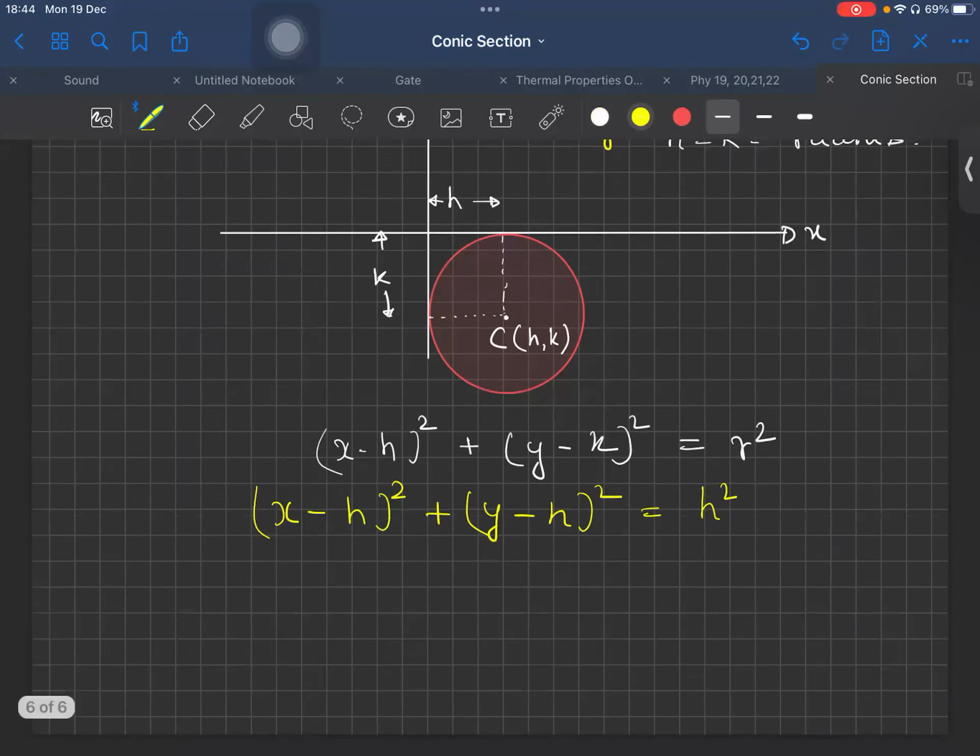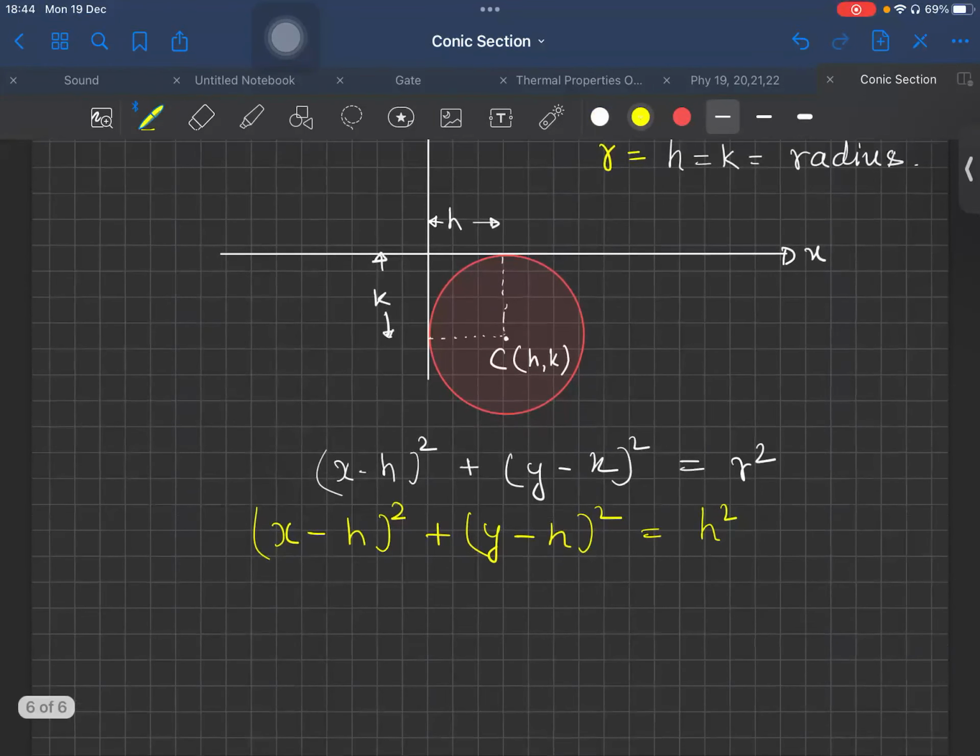Okay. So what you'll get? We are writing it in terms of h, or in terms of k also you can write, doesn't matter, because both are the same. So what equation will you get? x square plus y square minus 2hx minus 2hy plus h square is equal to 0, right?